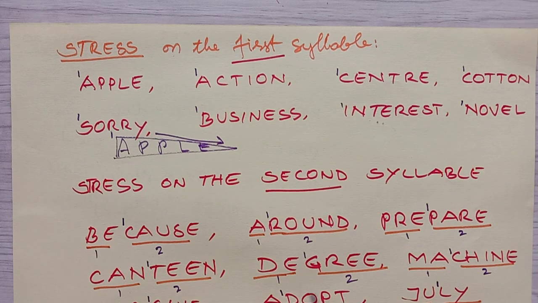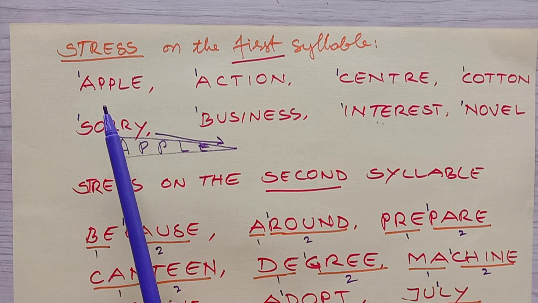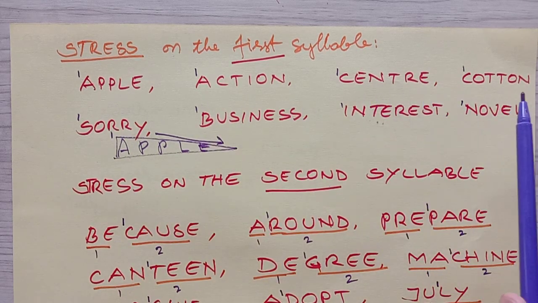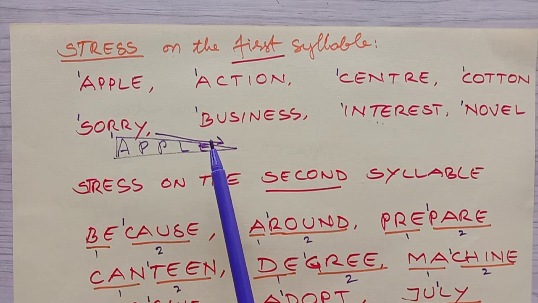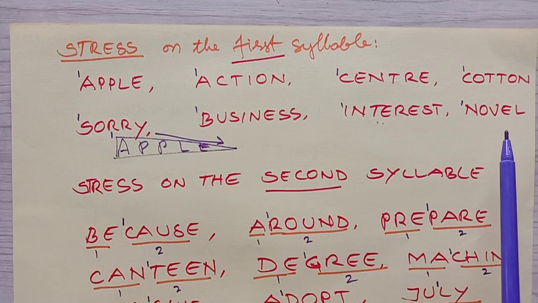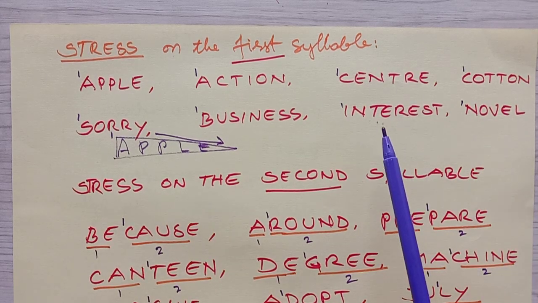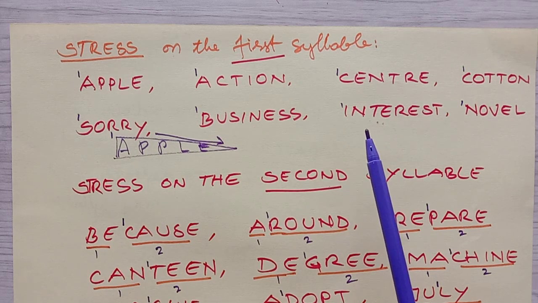Now we need to understand how to pronounce these words with proper stress. Like apple, action, center, cotton, sorry, business, interest, novel. These words, even though some have more syllables, have the word stress on their first syllable.